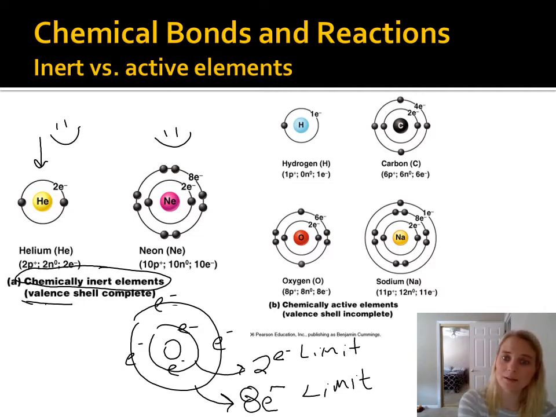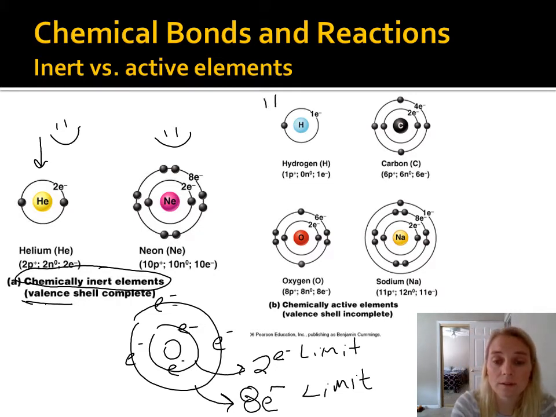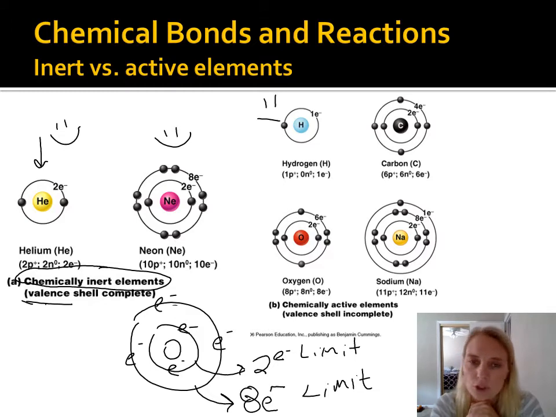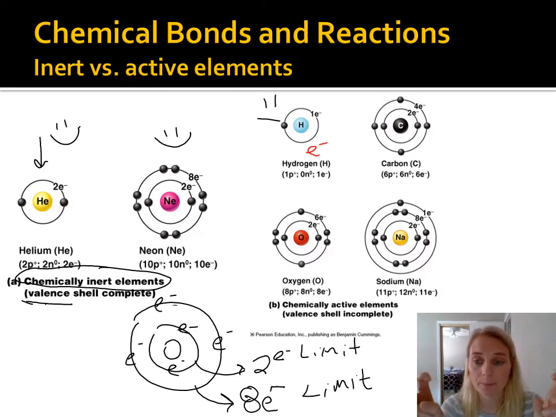But everybody else does not have filled valence shells. So hydrogen, I don't want to give emotions to elements. I don't know if they'd be sad, but they're not fulfilled. Their valence shells are not complete. So hydrogen is missing 1 electron to make it happy.